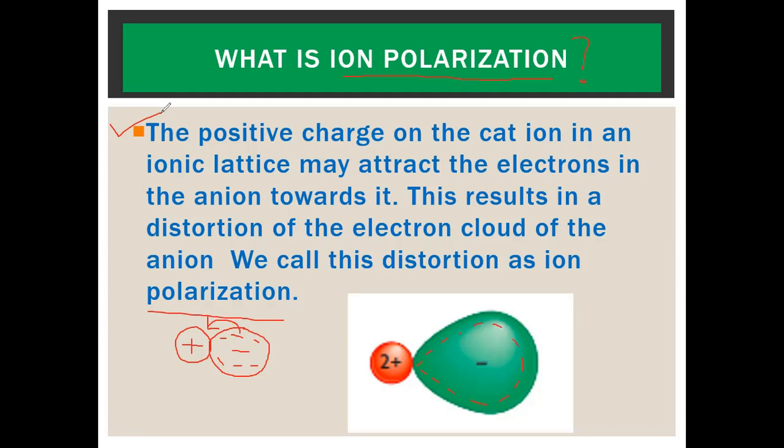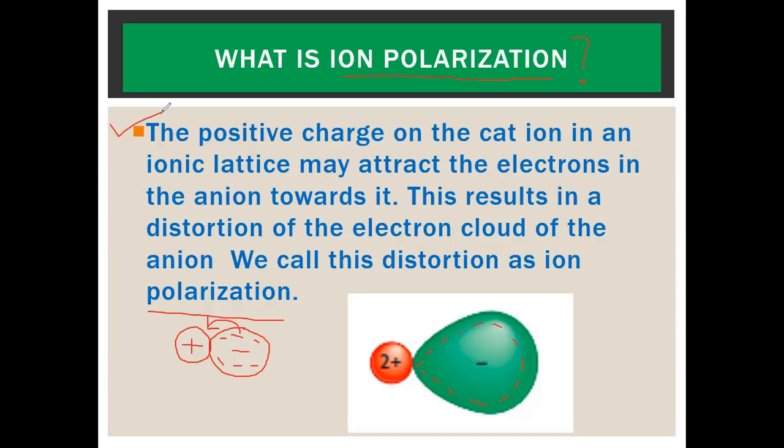We call this distortion ion polarization. So the attraction of the cation on the electronic cloud of the anion causes distortion, which means the anion is polarized. Absolutely. So this is known as polarization.